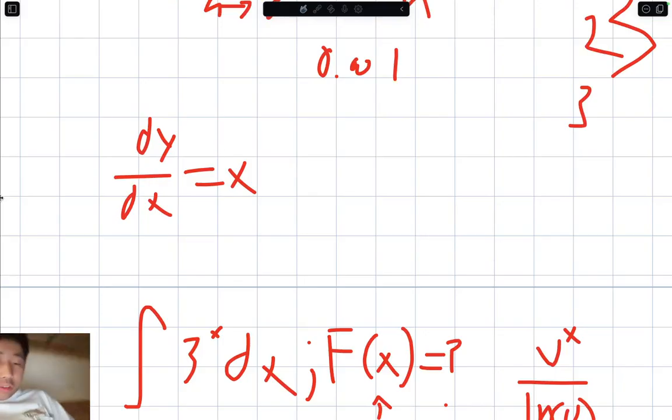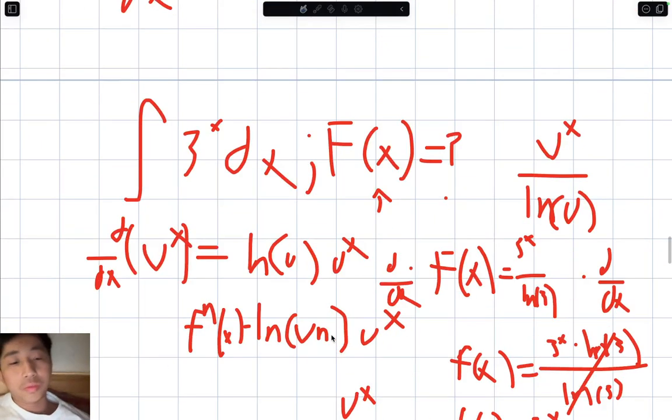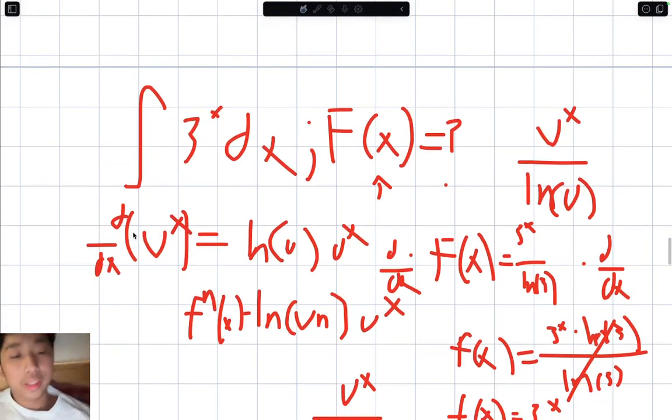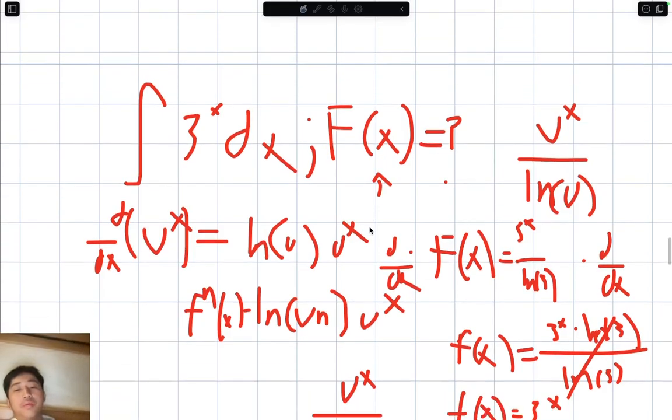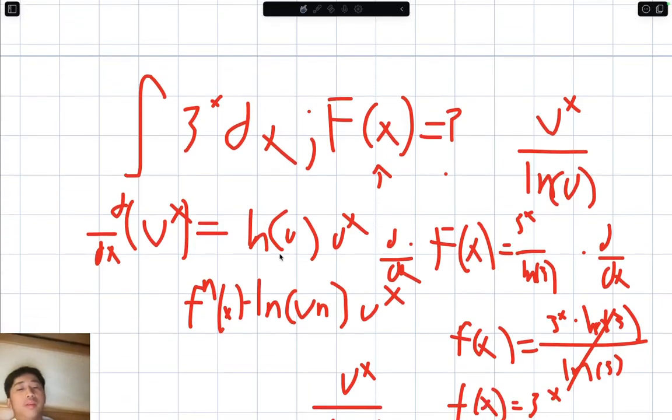We have the integral of 3 to the x dx. What is the antiderivative? Well, remember that d over dx of u to the x is ln u times u to the x. And if you keep deriving it, this is the general rule for the derivatives of u to the x.